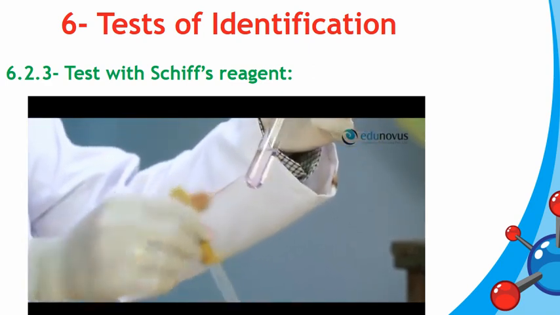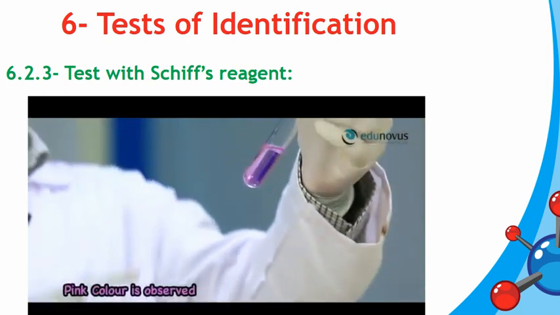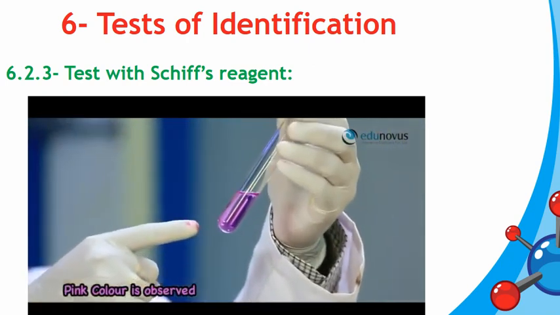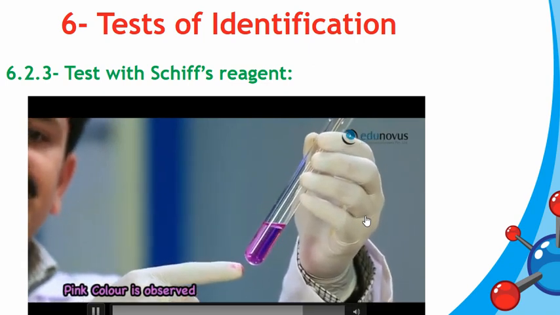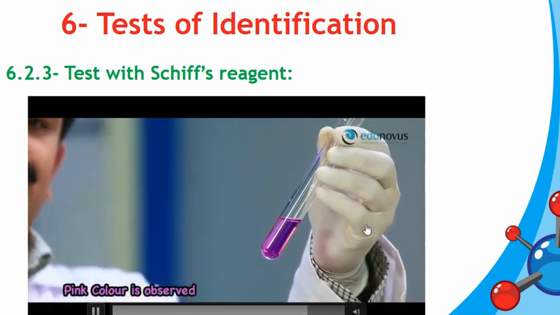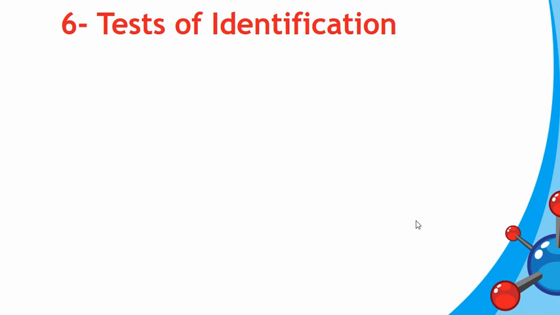We observe the appearance of pink color, indicating that the organic compound is an aldehyde. Okay, these are the tests to identify if we have an aldehyde or ketone.